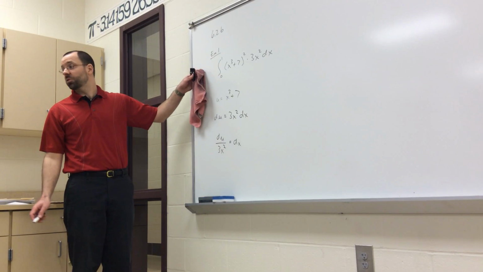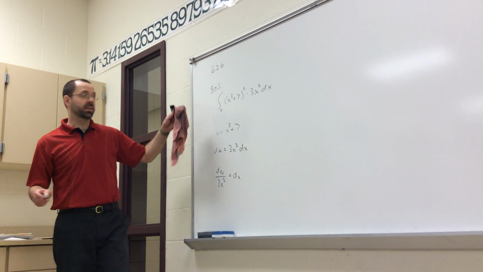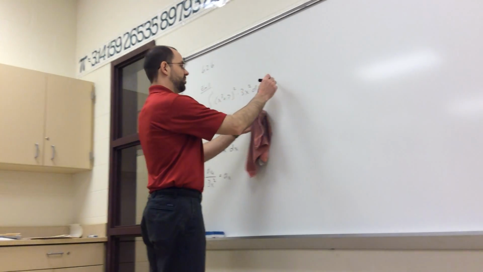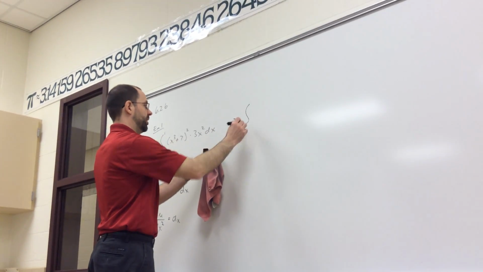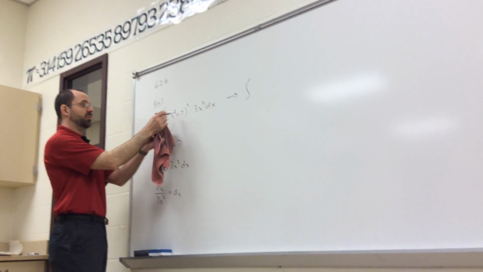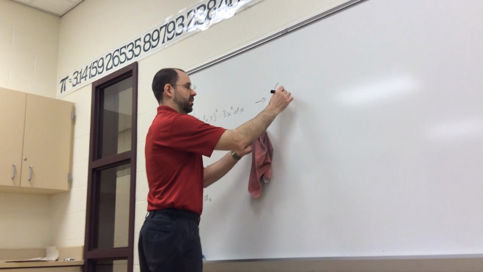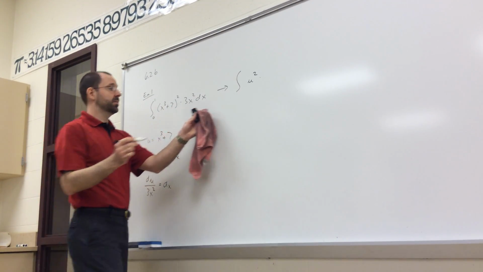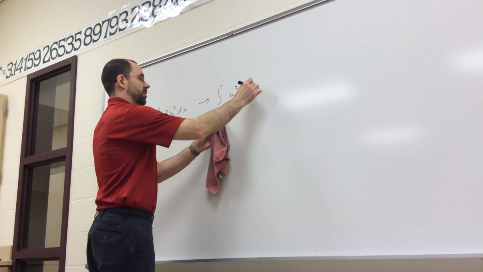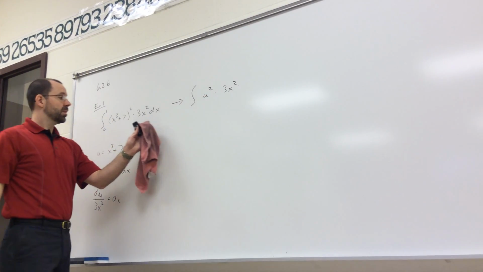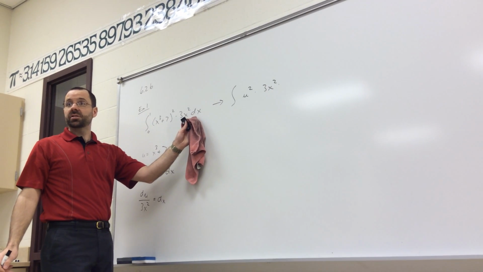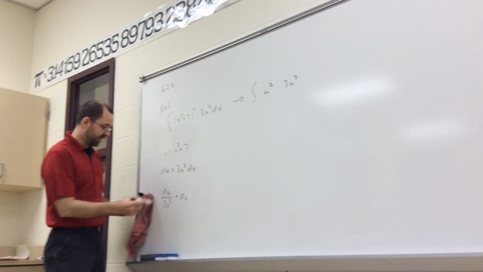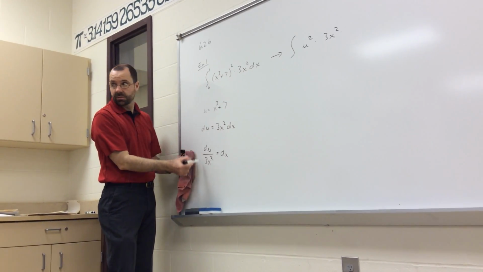Then you go back to the original problem and you translate it into U's. It's in x's right now. We're going to translate it into U's. So this is U squared. The 3x squared is still there. Then I have dx, but I'm going to replace dx with all of this.